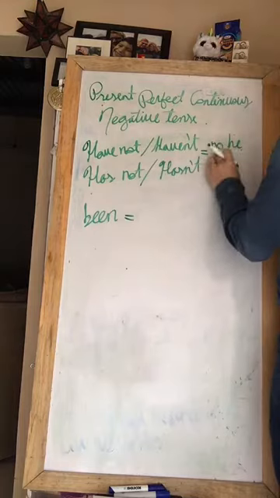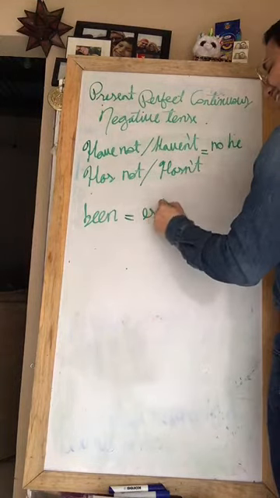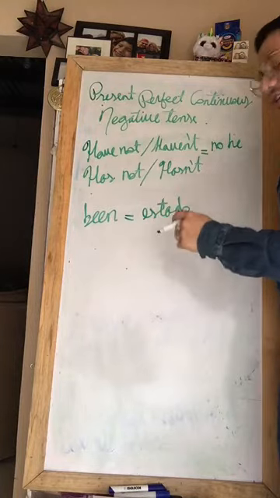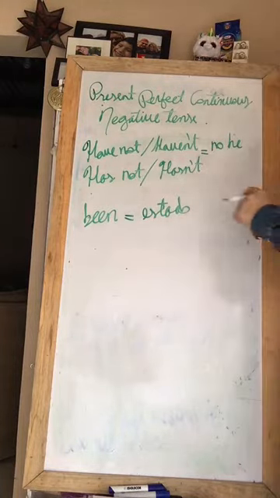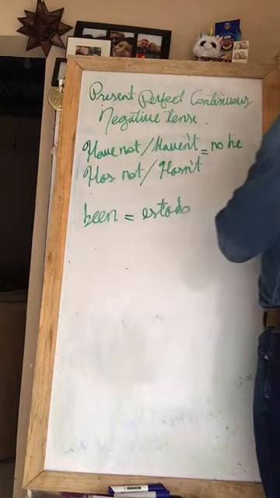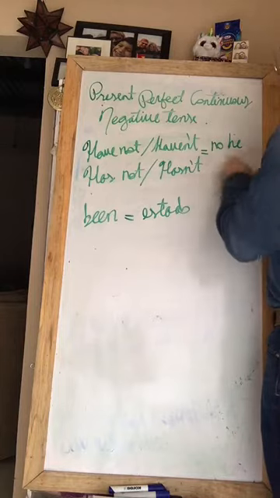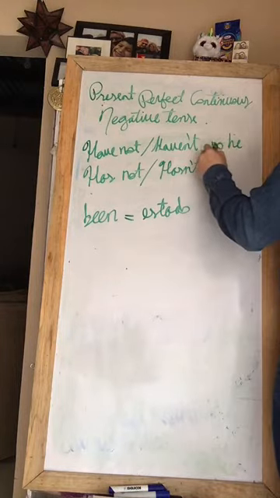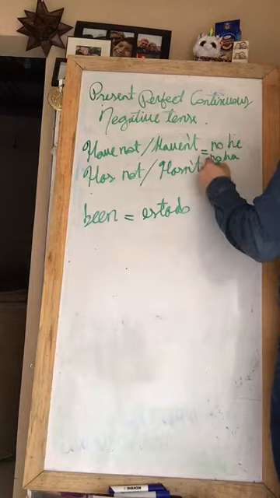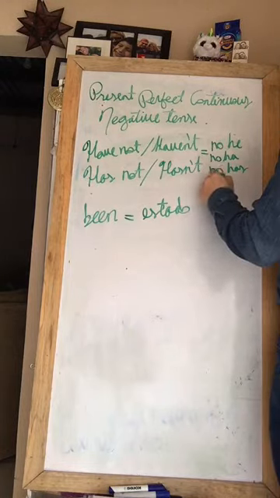Wait, sorry. I got confused. No and then estado. Sorry. Thank you, guys. I was like, maybe Mirta would be able to tell the mistake, or maybe Marianne. Okay, so this would be no he, no has, no han.